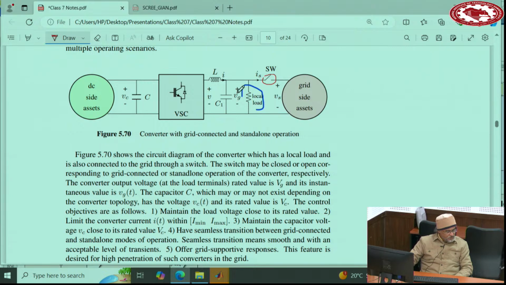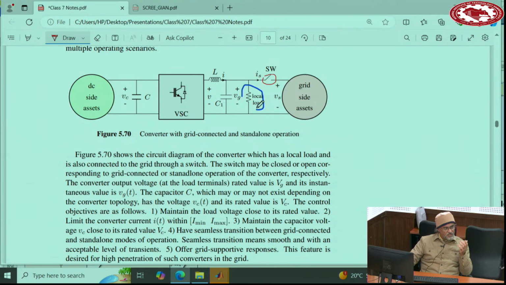The extreme case that we just discussed was when the grid was not there. The other extreme case that we discussed yesterday was when this load was not there and this grid was connected completely. Or if the load is there and is connected to the grid, no problem, because the grid really provides the voltage. So the converter was not supposed to provide any voltage. In grid feeding or grid following and even grid supportive, the converter is not responsible to provide a voltage.